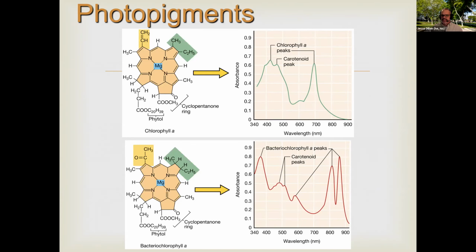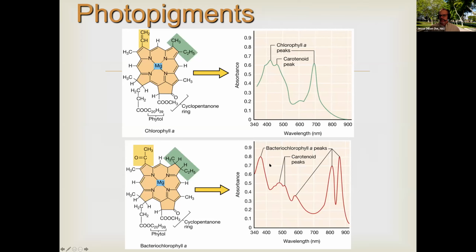So the reason that chlorophyll A, which is found in plants, but is also found in cyanobacteria, appears green is that it absorbs strongly in the blue and strongly in the red, but it doesn't absorb green wavelengths in the middle. It reflects them. So those trees out there, or that cyanobacterium, look green, but really the colors that matter are blue and red. Okay, and so different pigments have evolved the ability to absorb different wavelengths.